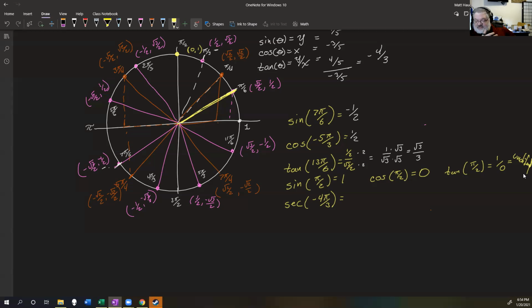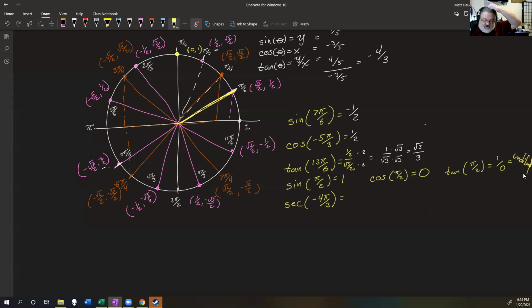So yeah, any of the trig functions that have division in them, they all kind of do, but when you're dividing by the radius, your radius is never 0, so that's safe. But tangent, cotangent, secant, and cosecant all divide by either x or y. So each one of them will be 0 in the denominator from time to time. So each of them have the risk of being undefined sometimes.